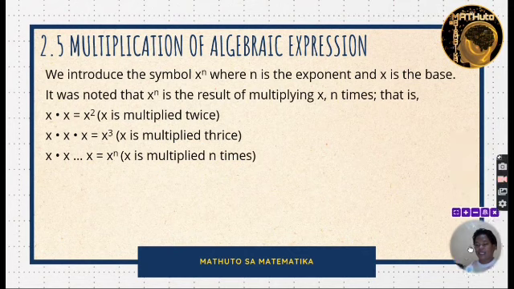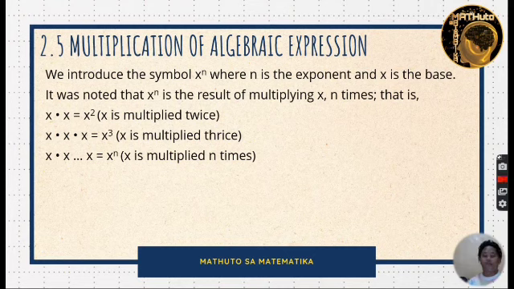Next one is how we multiply algebraic expressions. We introduce the symbol x raised to n, where n represents the exponent and x represents the base. It is noted that x raised to n is the result of multiplying x, n times. That is, if we have x times x, we have x squared.